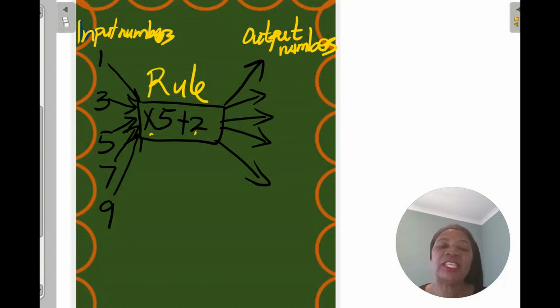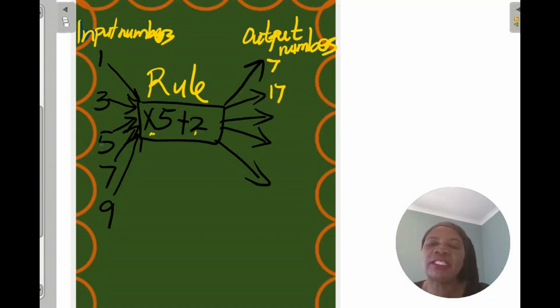Let's see if these rules are the same. The first input number is 1. 1 multiplied by 5, that's 5, plus 2, 7. Let's go to the next one. 3 multiplied by 5 is 15 plus 2, 17.